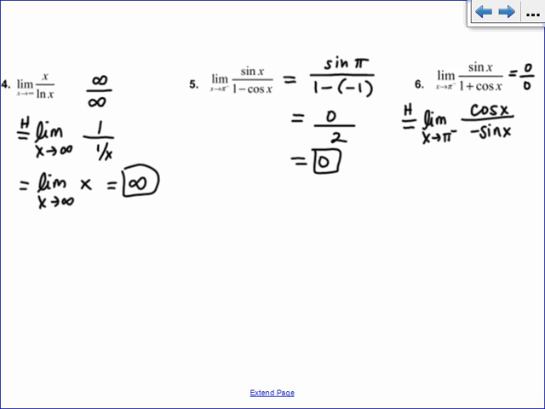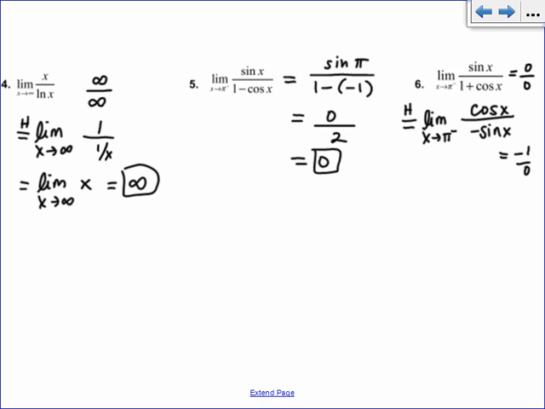It's a little tricky. The top gives you negative 1, and the bottom gives you 0. So this is probably going to infinity or negative infinity because of that. It's not in this indeterminate form.